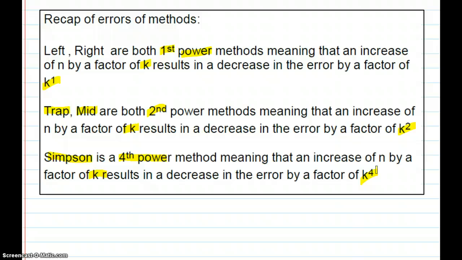So every time you increase by a factor of 10 in your n, your error divides by 10,000 to get to the next error value. So Simpson is the best of these methods that we've seen. But there are other methods and improvements on even that, but that's not in the scope of the course. Lucky for you.